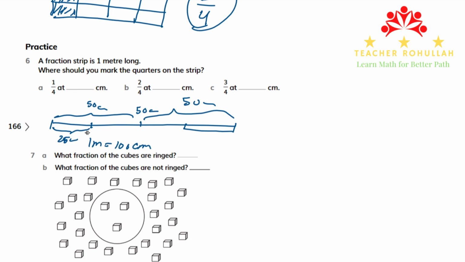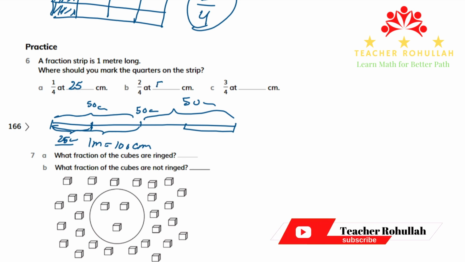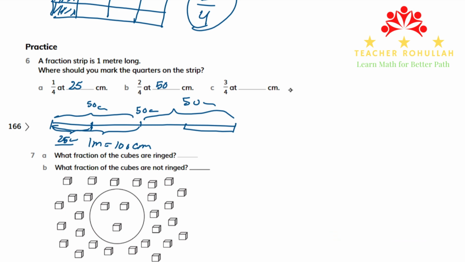Now 1/4 is 1/4 of the whole strip. 1/4 is how many centimeters? It's already shown here. 1/4 is 25 centimeters. When we have 2/4, 2/4 means half. So this is showing 2/4 of the whole strip, and it is equal to 50 centimeters. 3/4, if we consider from here, will be until here, which is 3 times 25: 25, 25, 25.